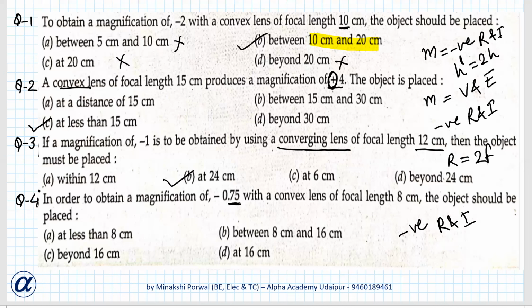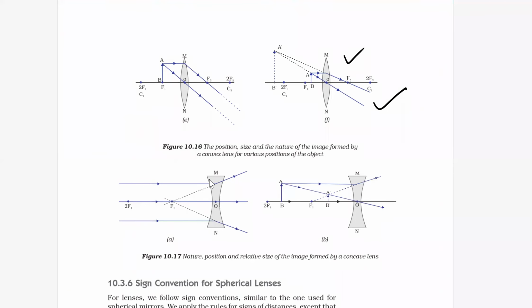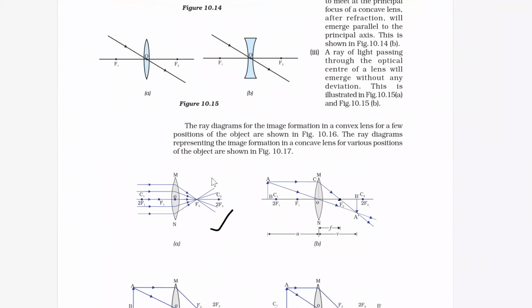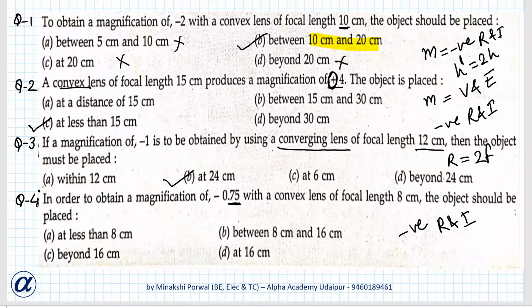There are only 2 cases when the image is smaller than the object: when the object is placed at infinity, a point-size image is formed, and when the object is placed beyond the center of curvature, or beyond 2F1, the image formed is smaller. Focal length is 8, so the center of curvature will be at 16 centimeter. So answer C, beyond 16 centimeter, is the correct answer.